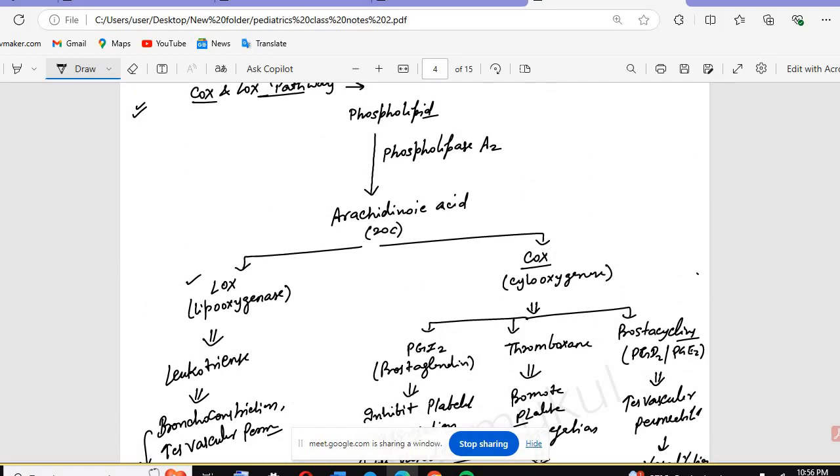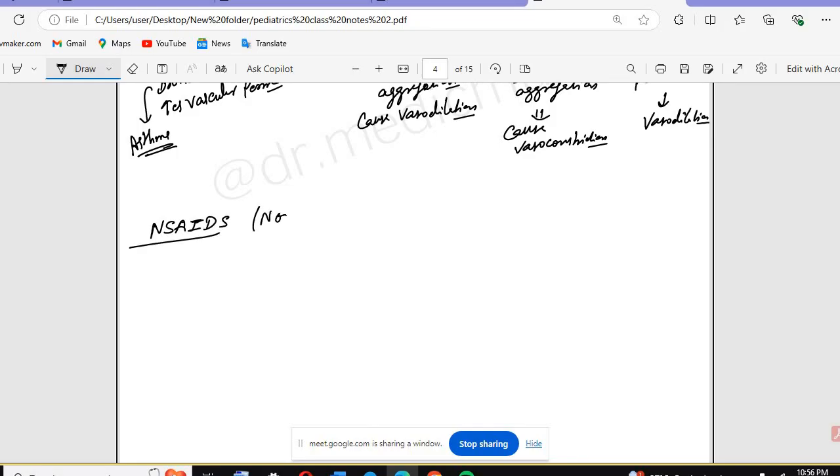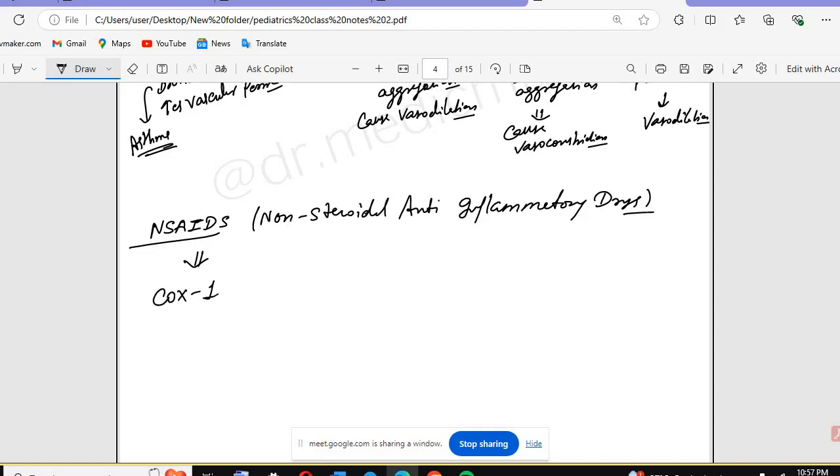Among them we discussed the non-steroidal anti-inflammatory drugs, the NSAIDs. Now we have seen that we can inhibit COX-1, so we have the COX-1 inhibitor.